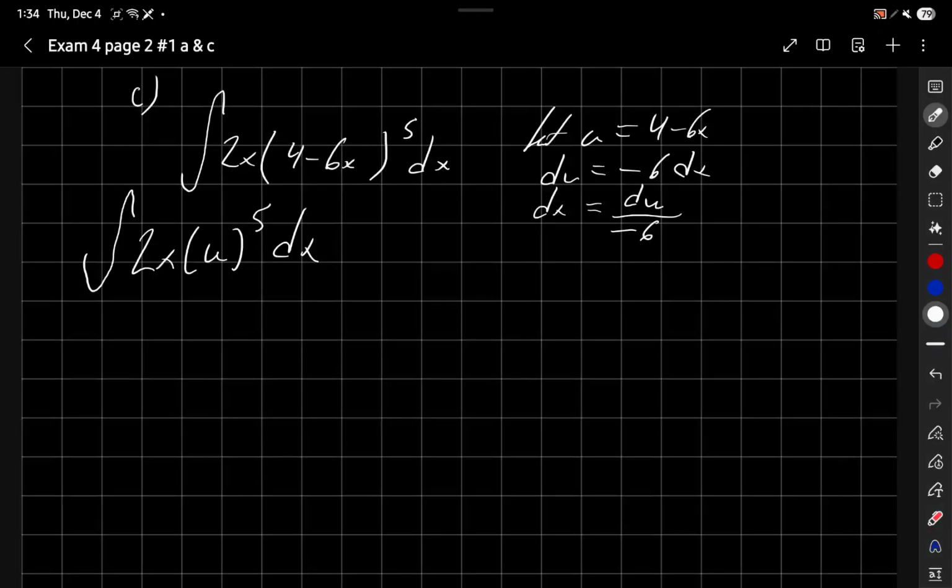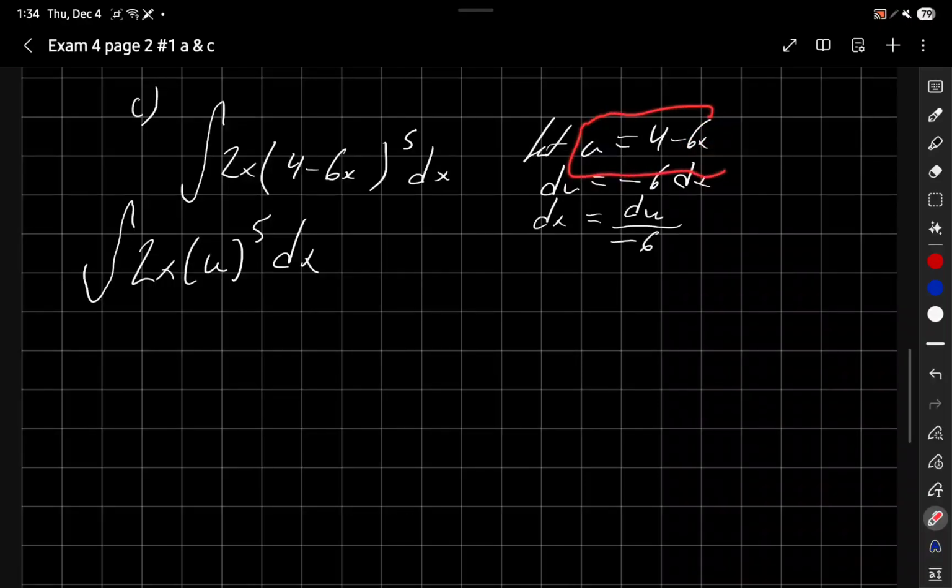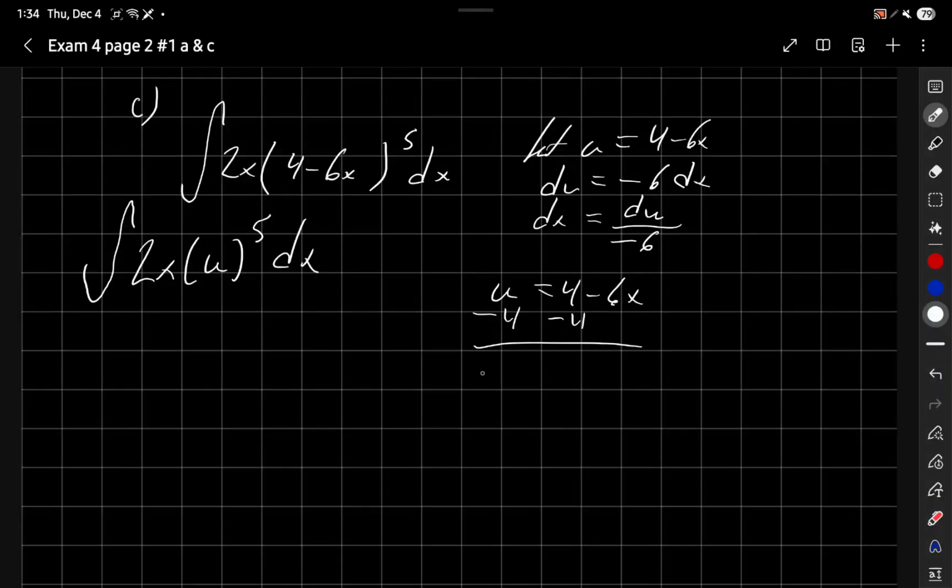Cool. And like I said before, we still have this extra x. However, using this equation right here, we can just solve for it using basic algebra. So u is equal to 4 minus 6x, subtract 4. Then we get u minus 4 is equal to negative 6x.